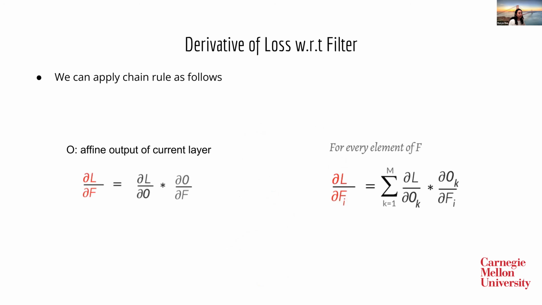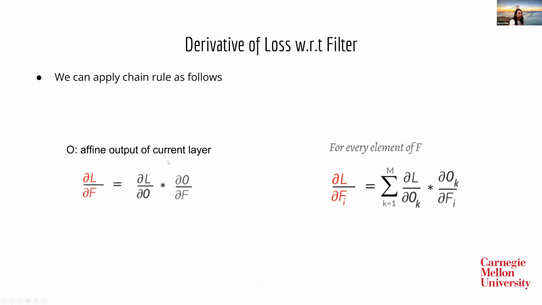And for the derivative with respect to the filter, first we have a chain rule like this. So the derivative of this filter equals dL over dO times dO over dF.